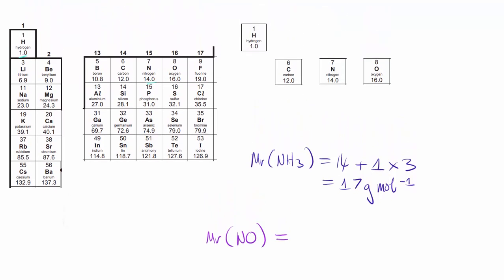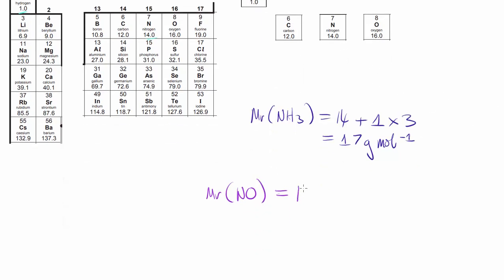So in this case, for the nitrogen, we've got 14, implicitly 14 times 1, but I'm not going to write the 1.